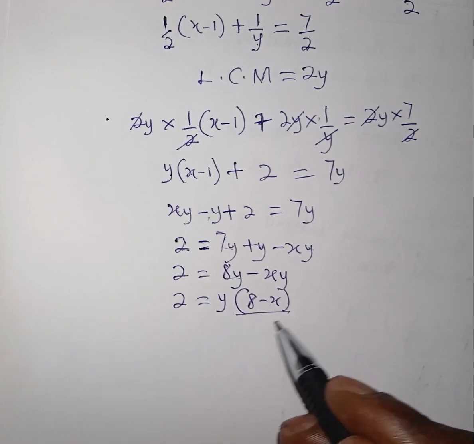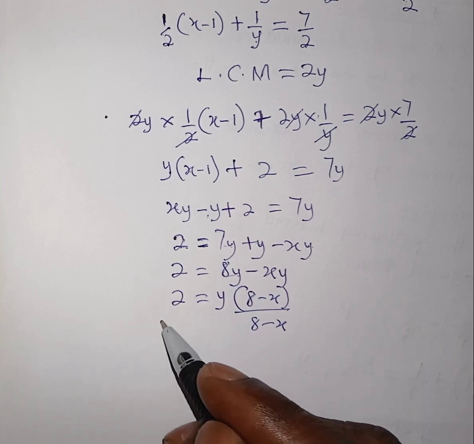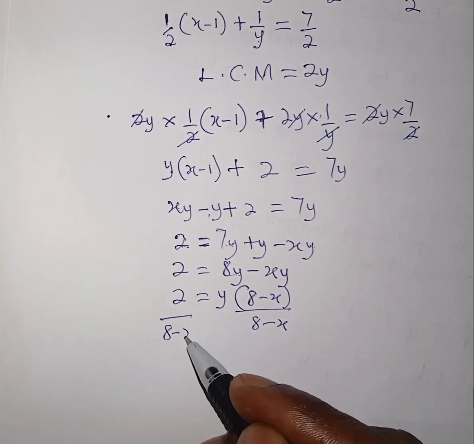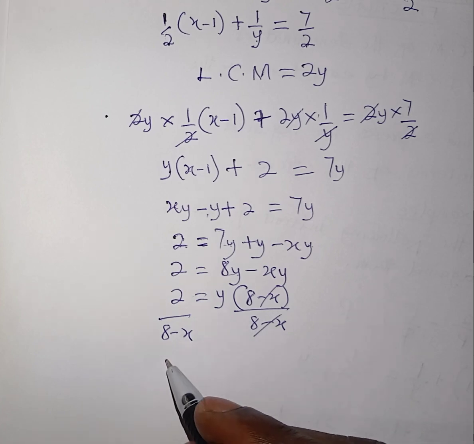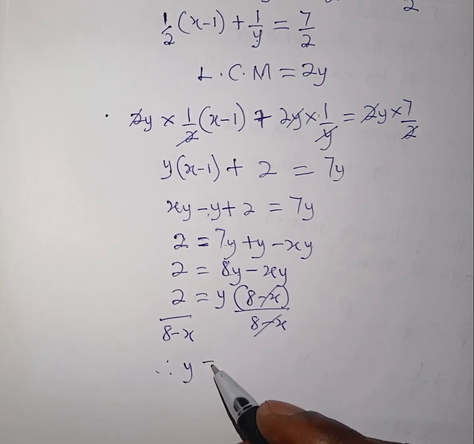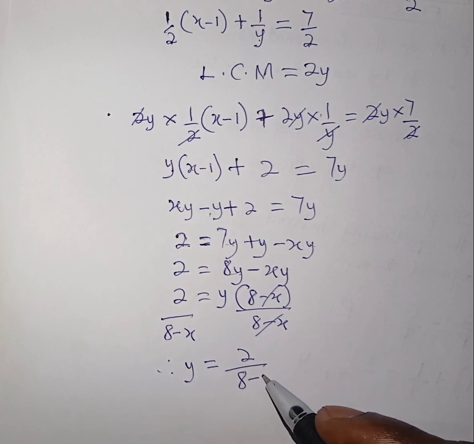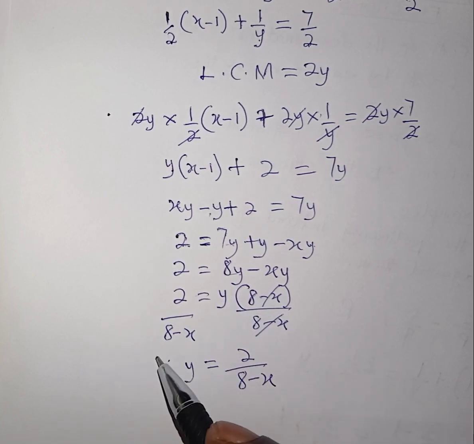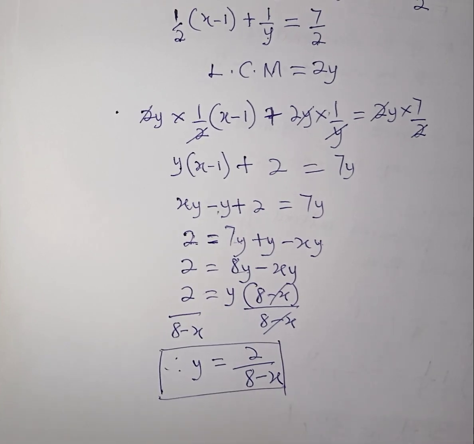Then we can divide both sides by 8 minus x, so that this one will go. Then I have my y in terms of what? X, which gives me 2 on 8 minus x, and that also gives the answer. Okay, now let's look at our third example.